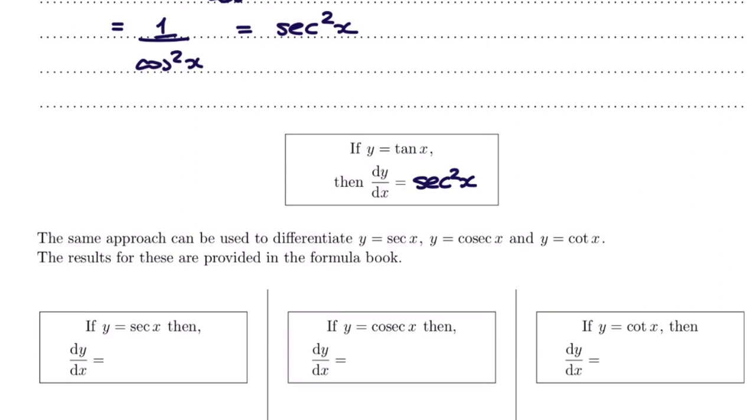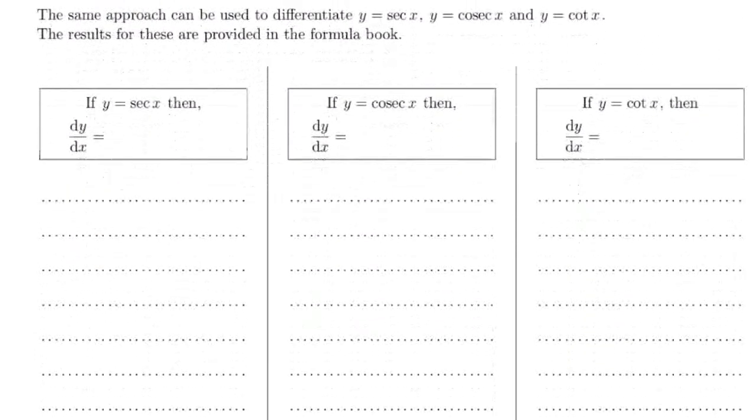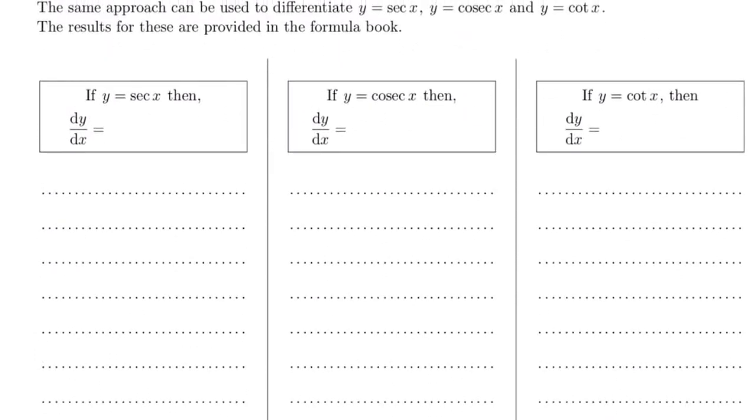Now we could use the same approach to find the derivative of sec x, cosec x, and cot x. So we're just going to have a quick look at those. Okay, all right, so these are in the formula book. So sec x becomes sec x tan x.